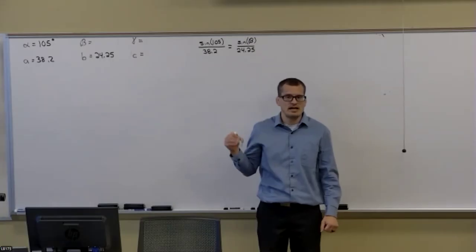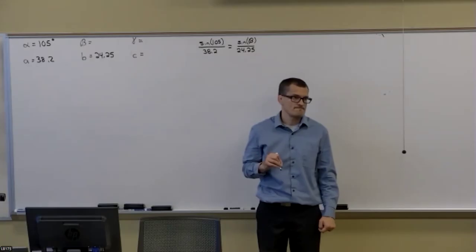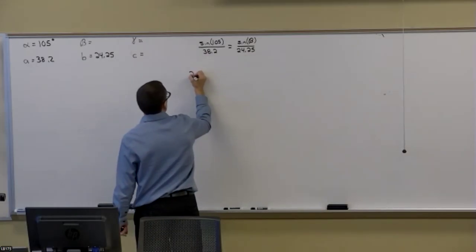And so I can utilize law of sines to find beta. So multiply both sides by 24.25.